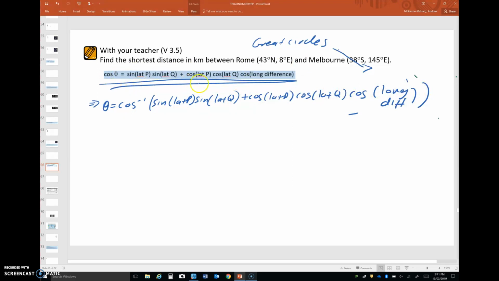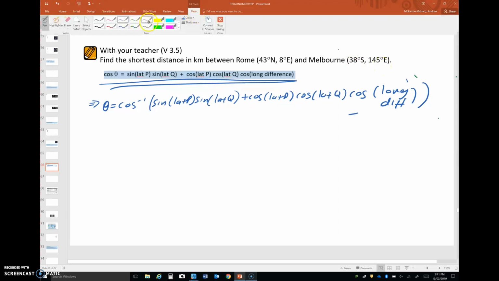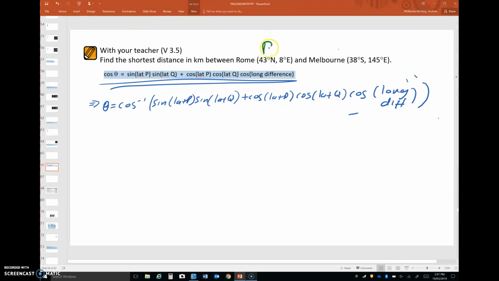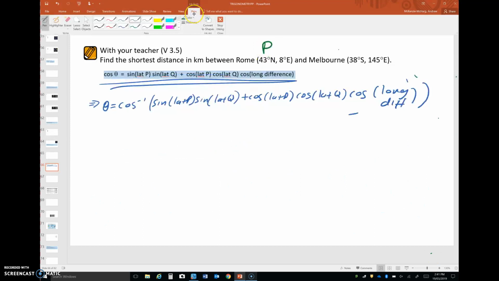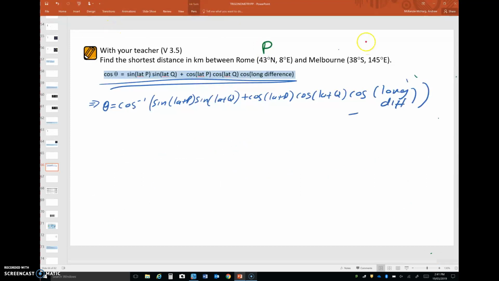Righto, so what does all this mean? Well, lat P, lat Q, that's latitude P, latitude Q, and that just refers to the positions. So we could call Rome point P, which I'll colour code with green, and Melbourne can be point Q. It wouldn't matter if we did it the other way around, but this is fine.